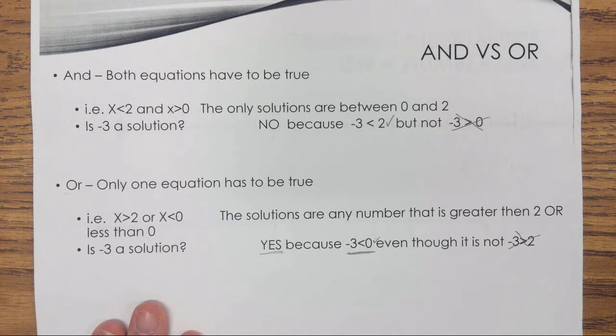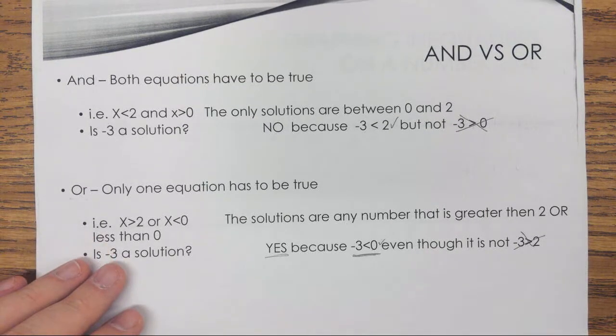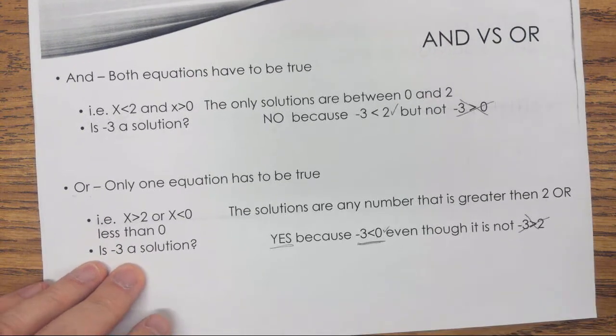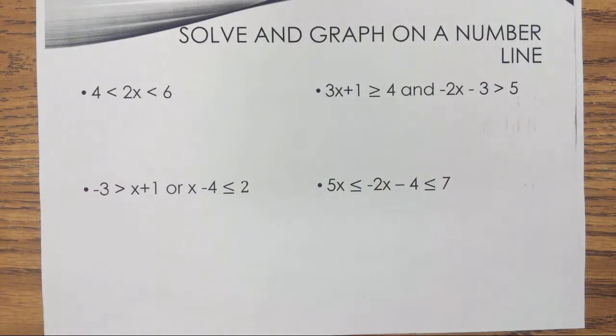Okay. Now we're going to combine all our knowledge together, and we're going to do some graphing and some solutions to these equations. So here are 4 examples. I'm going to work through all 4 of these examples today, and then tomorrow we'll have a little practice exercise at the beginning of class.